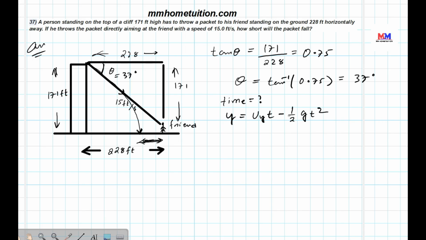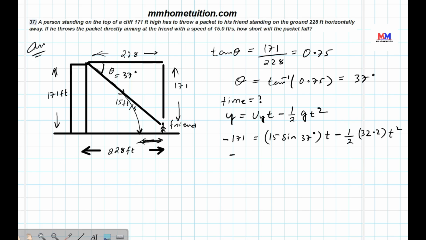Y equals 171, below the reference line, so this is taken as negative. Minus 171 feet. All data are given in feet. Minus 171. u_y equals u sin theta, that is 15 into sin 37 into t minus half into g equals 32.2 into t square.